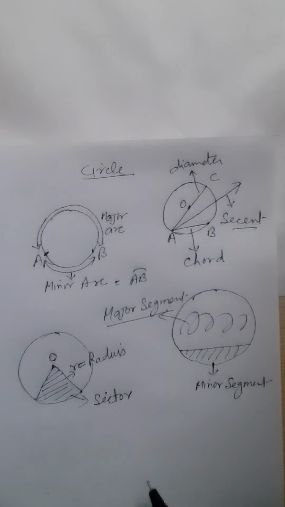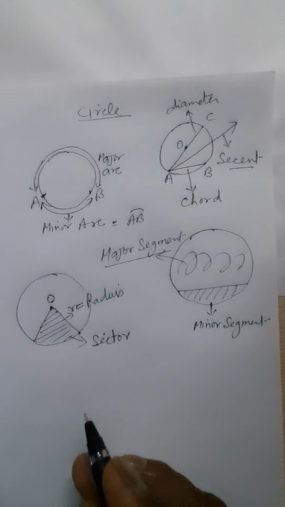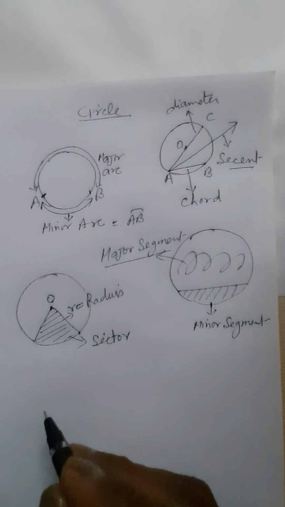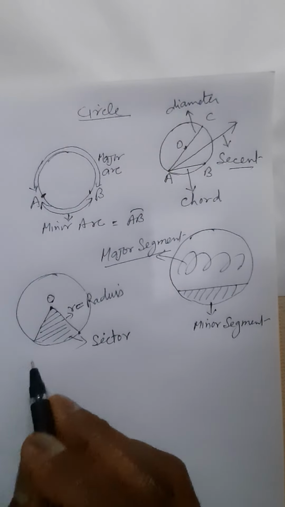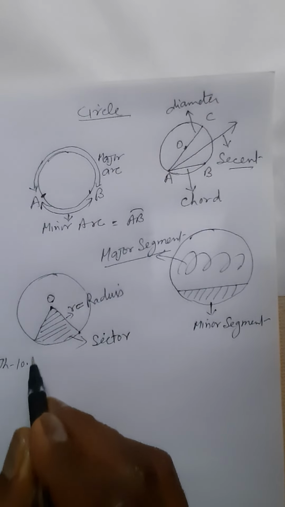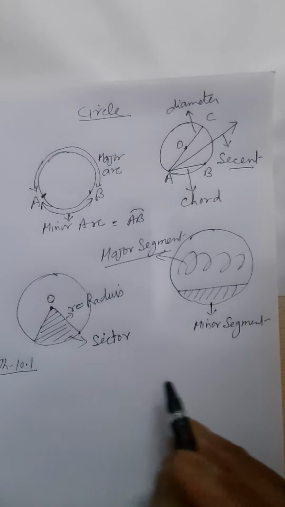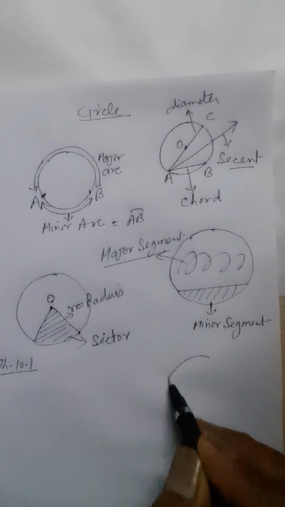Now the theorem based on it. The first theorem of circle, according to NCERT, theorem 10.1: Equal chords of a circle subtend equal angles at the center. What exactly is given to you?